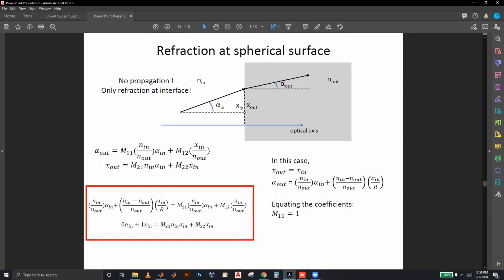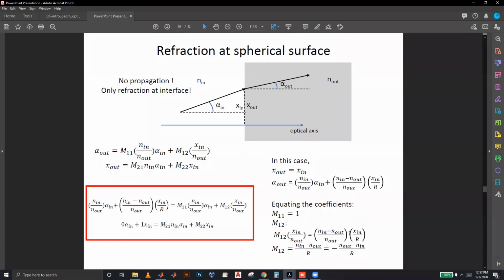So I see with this first term, whatever is multiplied in front of alpha in, N in over N out is there. So M11 we can easily see is equal to 1. The next term, M12, will require a little bit of working out. So M12, this is how it's worked out. M12 multiplied by x in over n out equals this term, n in minus n out over n out times x in over r. Right?